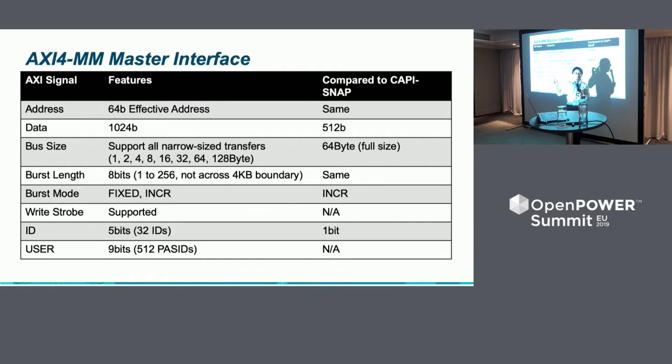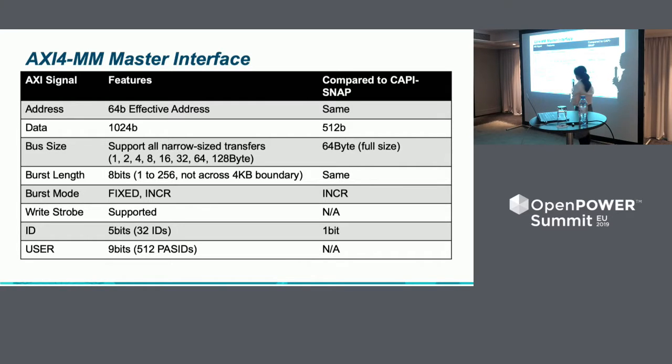But don't worry, if you still want to keep 512 bits, you can. We provide the choice, and the framework will automatically insert a DWC, a data width converter, to convert the original 512 to 1024. But you should also pay attention that in that case, you cannot fully utilize the bandwidth because you only use half of the data width.